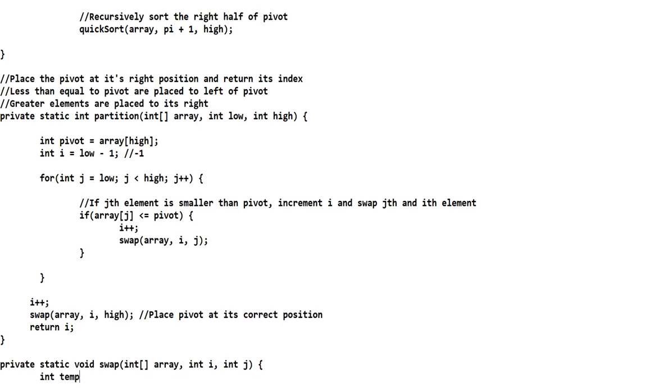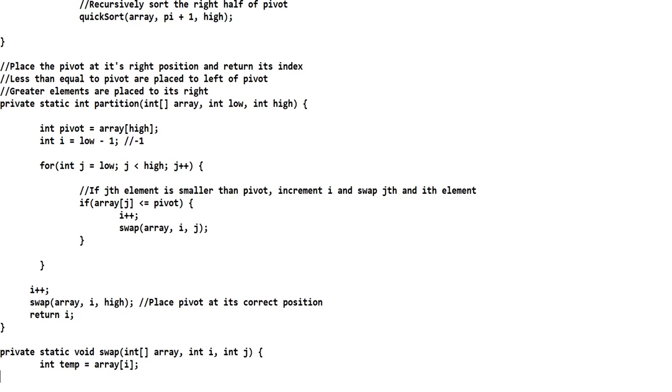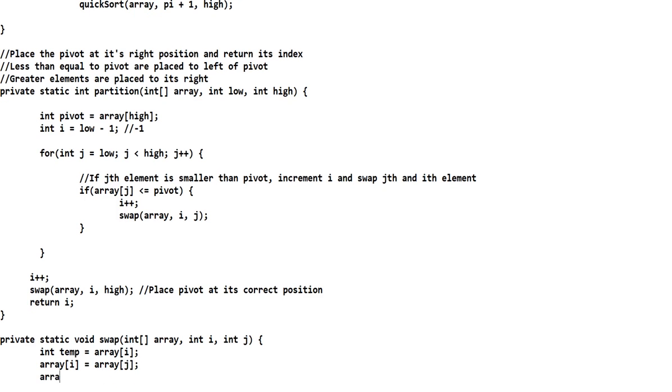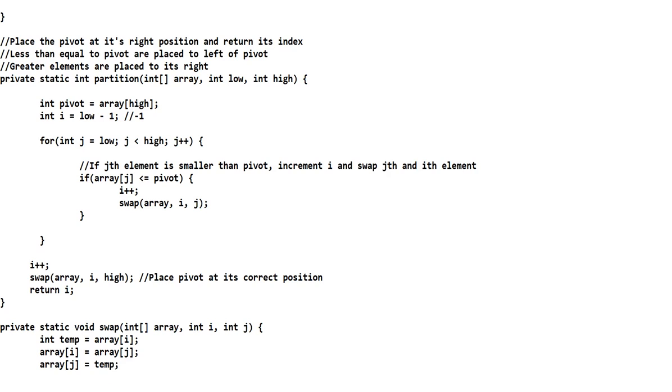So integer temp is equal to array of i, array of i is equal to array of j, and then array of j is equal to temp. Now we are done with our swap method also. So this is the complete quicksort algorithm.